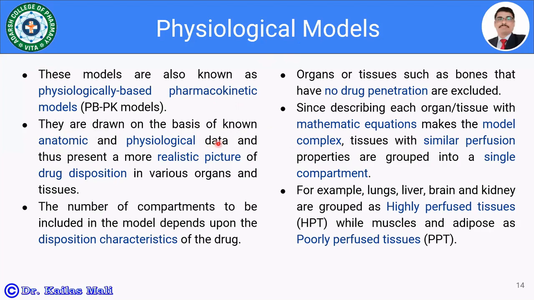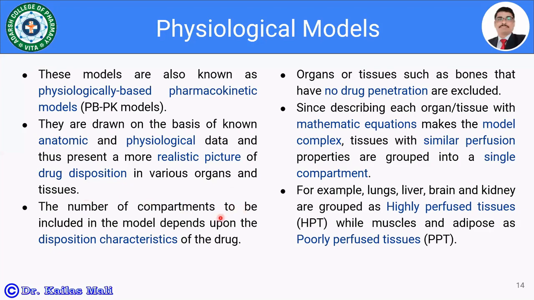In compartmental modeling, we have not considered the anatomical and physiological things while putting the model, and thus this represents a more realistic picture of the drug disposition in various organs and tissues. So here we are considering the anatomical and physiological features to develop the model.